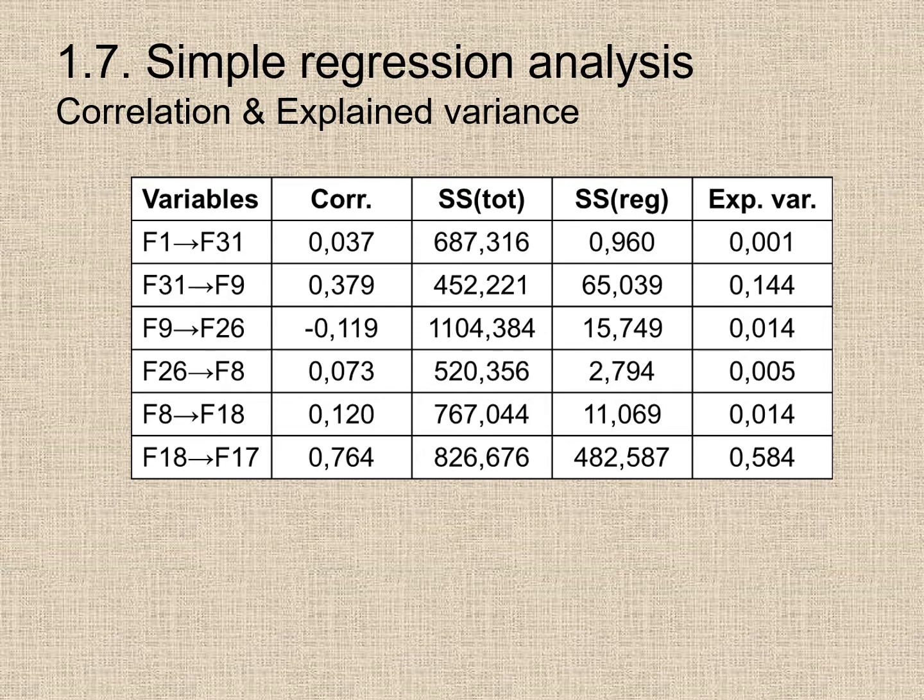And now we have a look. You see these column correlations and these column explained variance when we do a regression analysis. Is there some kind of relation between those two? Yes, there's a very strong relation between those two. If we take the correlation and square it, if we take those values, square them, we get those values.